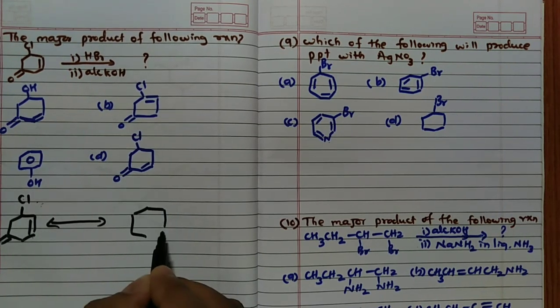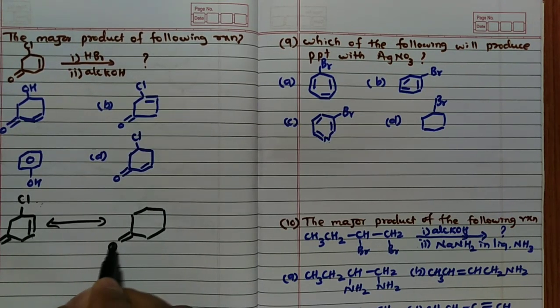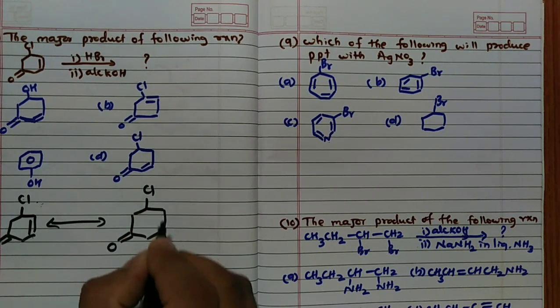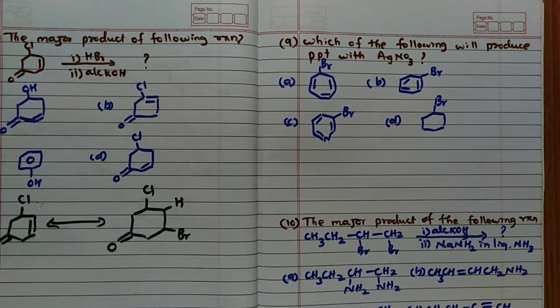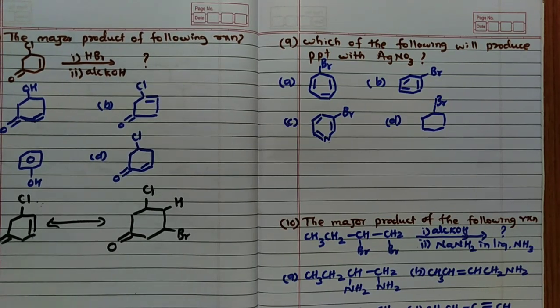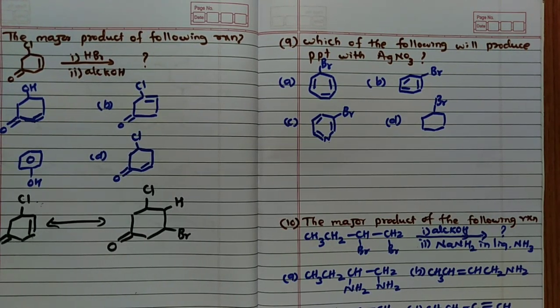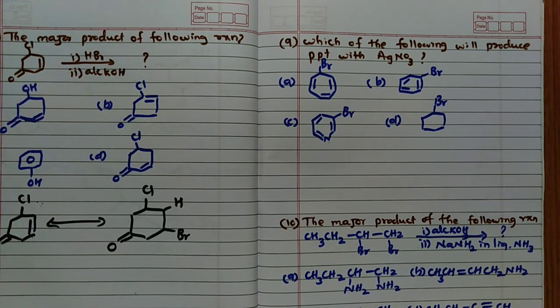So my choice of product is like this: double bond O, and here there is a Cl, and a double bond, here there is a Br, and here there is an H. Now, in this particular case, remember, they have given alcoholic KOH. Alcoholic KOH means what? Removal of hydrogen and halogen, dehydrohalogenation.